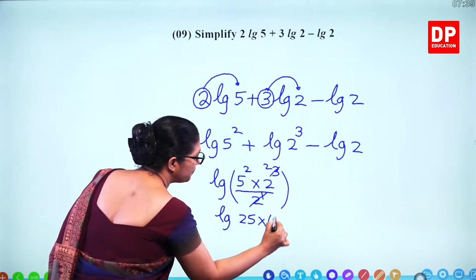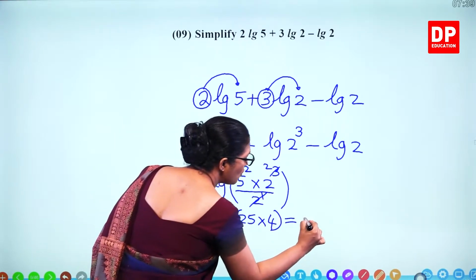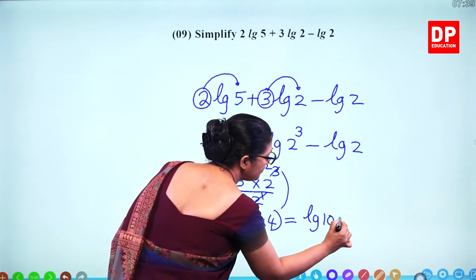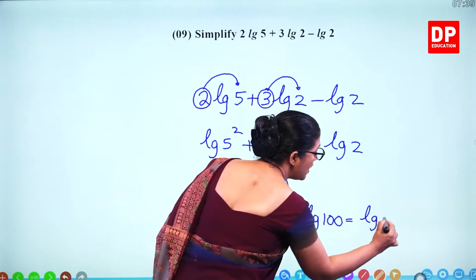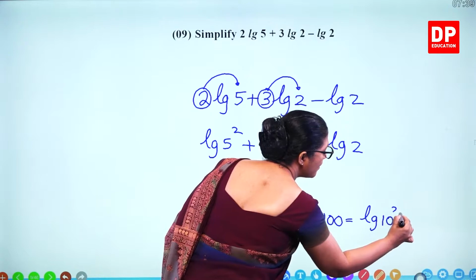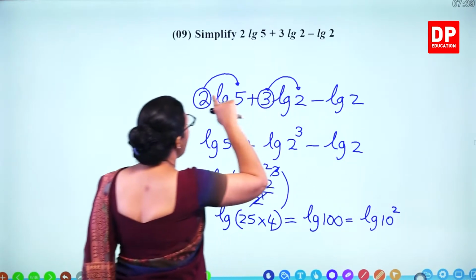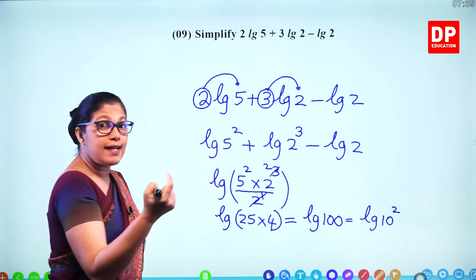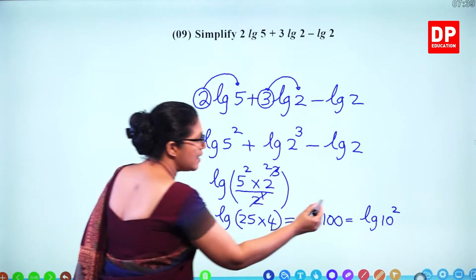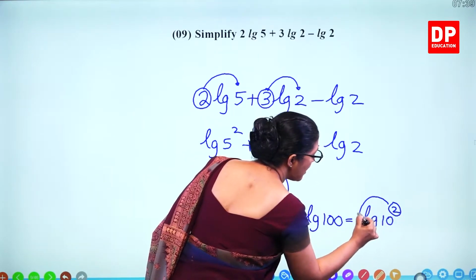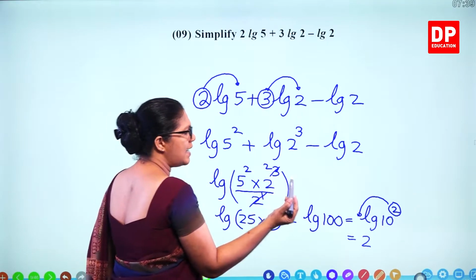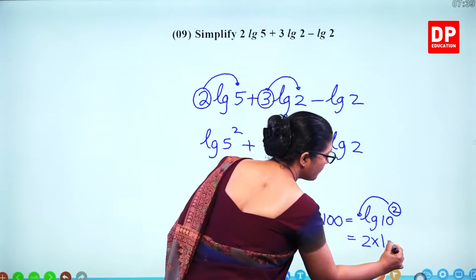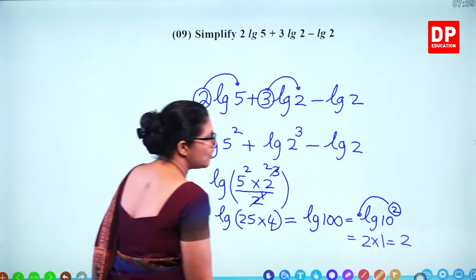That's 4. Lg 100. So what is Lg 100? That's 2 because we can write Lg 10 squared. So here, as here we took inside, likewise you can take it outside. So this number when you take it outside, 2 Lg 10. What's Lg 10? That's 1. So the answer is 2.